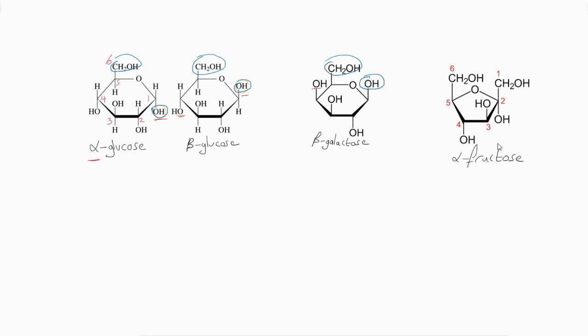For alpha fructose, we're looking at the following. We're looking at the CH2OH group here, carbon number 6, and we're looking at the OH group on the lowest number carbon, carbon 2 in this case. You can see they are in the opposite direction. That's why it is alpha fructose. If we flip these two over, then this molecule will become beta fructose.